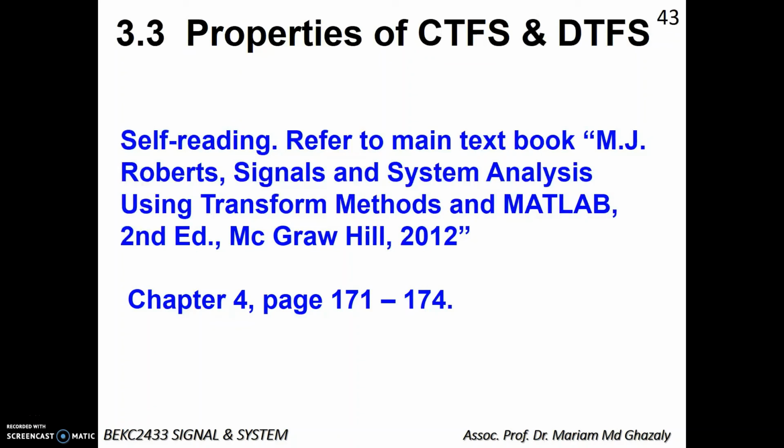It can be found in chapter 4, pages 171 until 174. You can always refer to any other textbook from the library. Just go to the Fourier series and look at the contents where they have the properties of the continuous time and discrete time Fourier series.